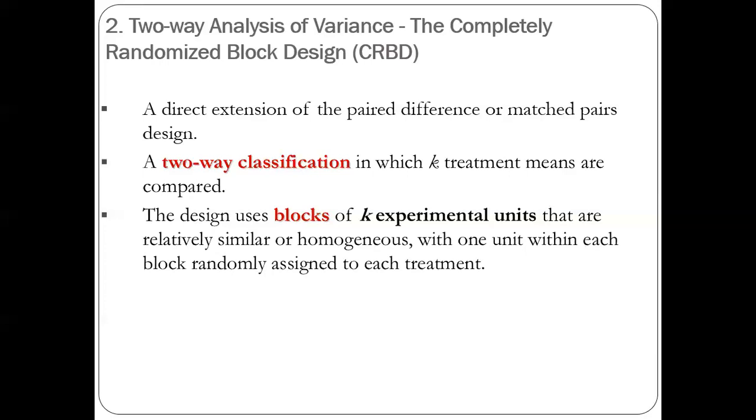The design also uses blocks of K experimental units that are relatively similar or homogeneous, with one unit within each block randomly assigned to each treatment. So in two-way ANOVA, we refer not only to the treatments, but also to the other type of experimental factor, that is blocks.